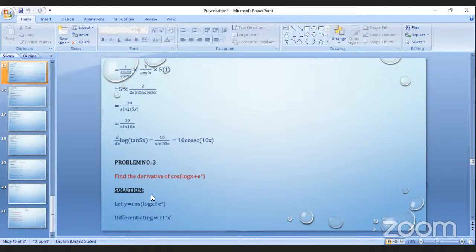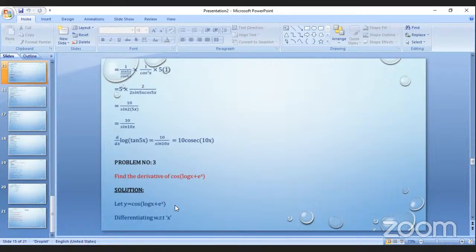Solution. Let the given function y equal to cos of log x plus e power x.